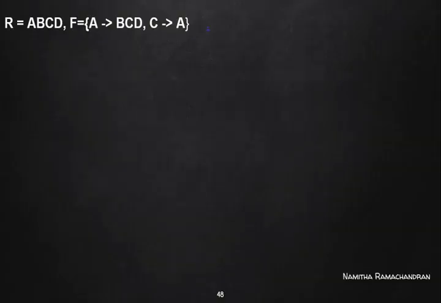So next is another relation, R with ABCD, with functional dependencies. Now check whether any attribute is absent in the RHS part. In the RHS part, here we have A, B, C, D. All the attributes of the given relation are present in the RHS part.